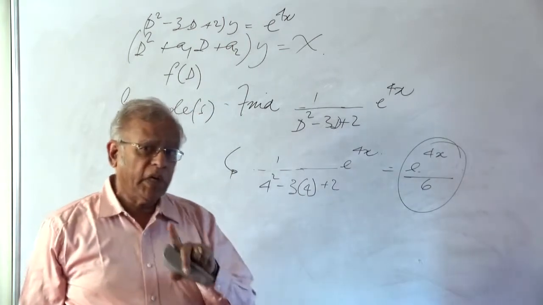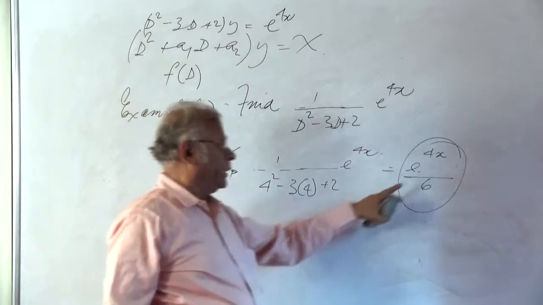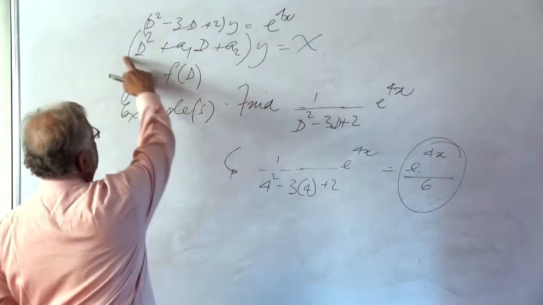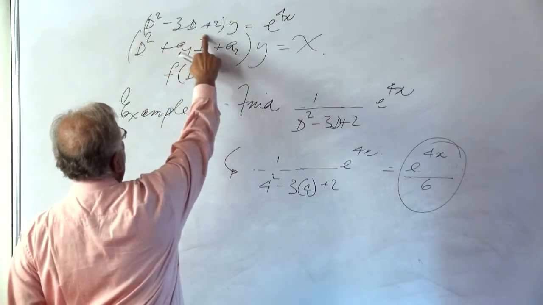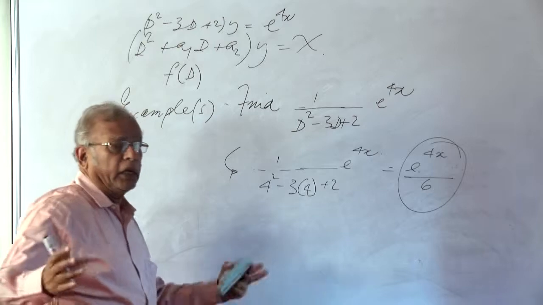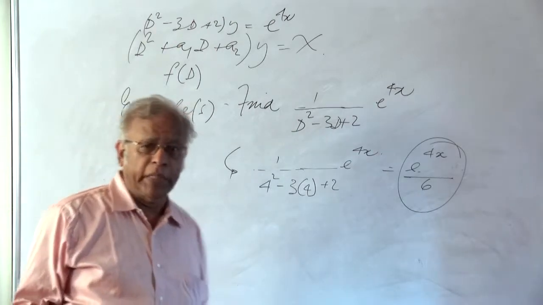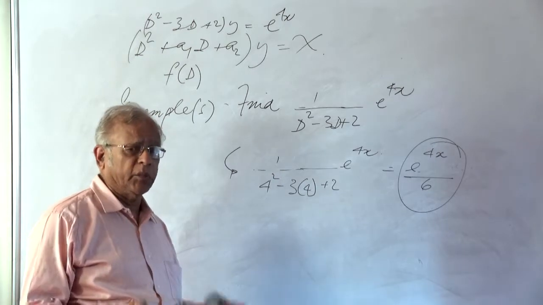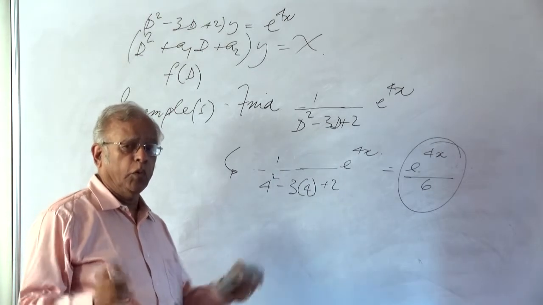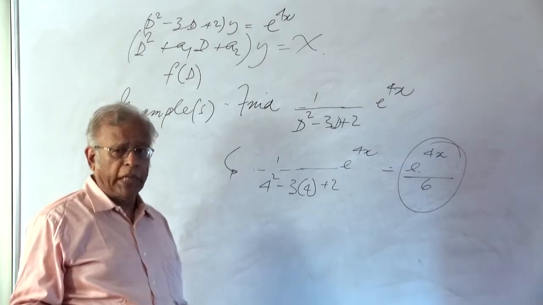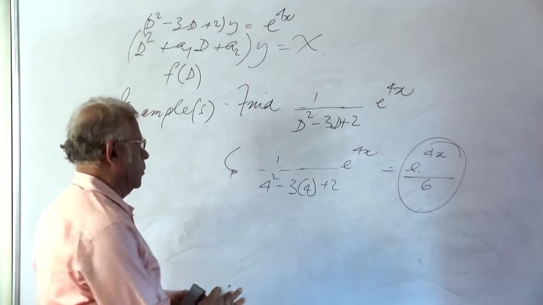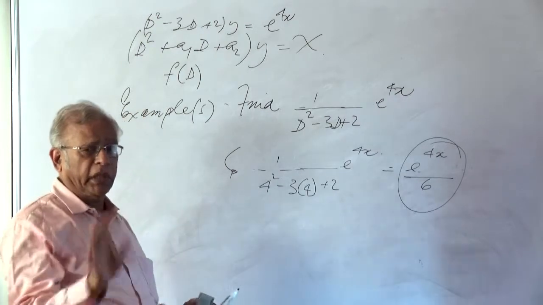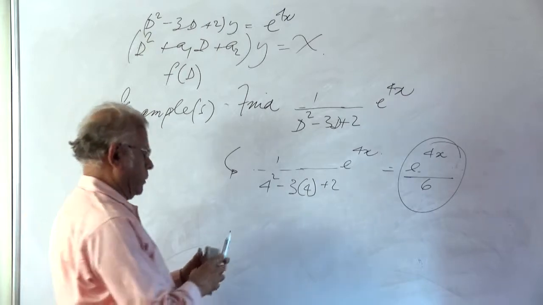Number two, we will satisfy ourselves that e to the power of 4x over 6 is indeed a solution of this particular equation, D squared minus 3D plus 2 on y equal to e to the power of 4x. Then we get to know that yes, indeed, what we say about complementary functions and particular integrals, they do really, each in its own right, satisfy the original equation. It's a very important property. The complementary function satisfies the equation, the particular integral also satisfies the equation.